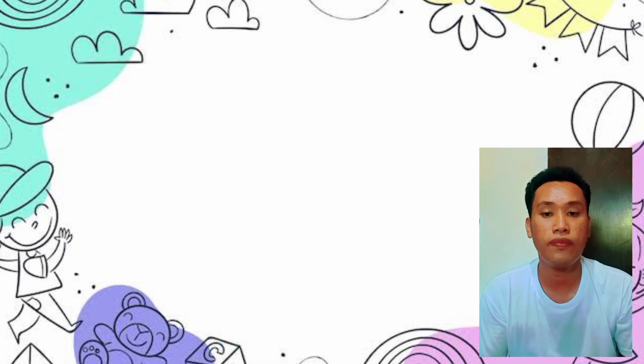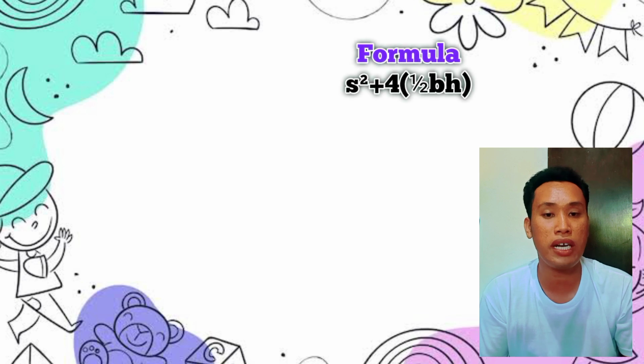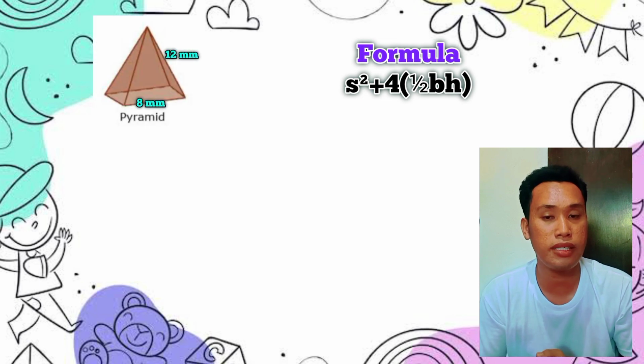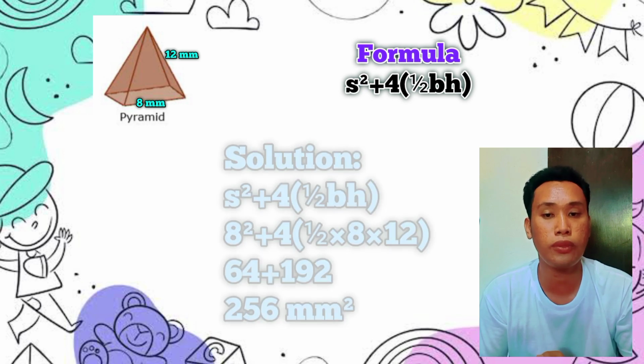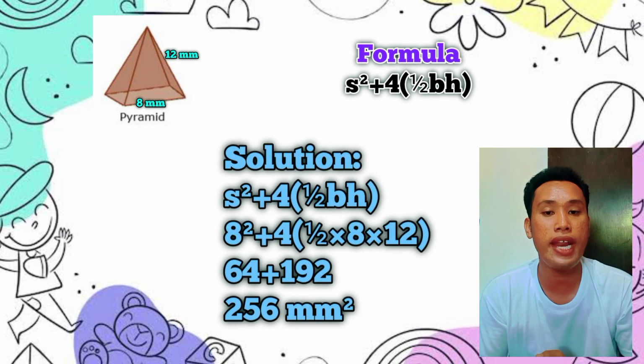The next one is the square pyramid. The formula is base squared plus 4 times 1/2 times base times height. Let's solve the example: we have 8 millimeters base and 12 millimeters height. Substituting, it becomes 8 squared plus 4 times 1/2 times 8 times 12.